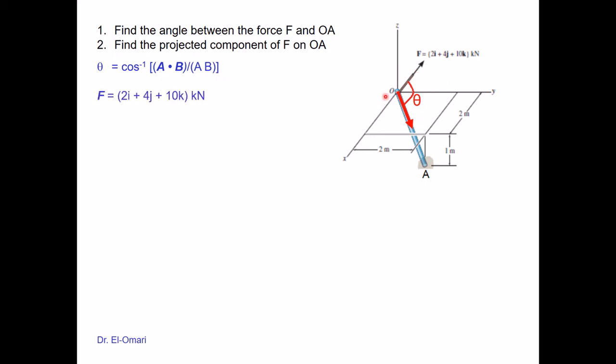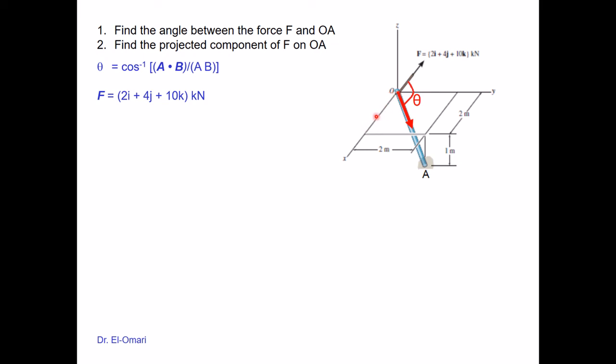So we need to have the two vectors. One vector is given, which is the force vector, 2i, 4j, and 10k, but we need to get the vector that represents this line. We can go with a position vector, simply going from point O to point A by moving in this direction.